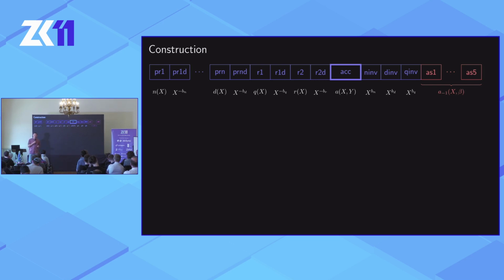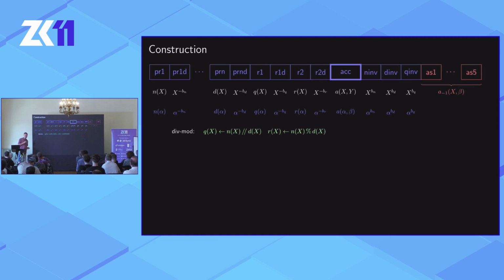And these extra bookkeeping columns represent the evaluation of the accumulator polynomial in beta, where beta is a value supplied by the verifier at the right point in time. And so the idea is we get beta from the verifier and we get alpha from the verifier. And with alpha, x disappears. With beta, y disappears. So whenever we have a y, that becomes beta. Whenever we have an x, that becomes alpha. And so after alpha and beta are known, everything becomes scalar.